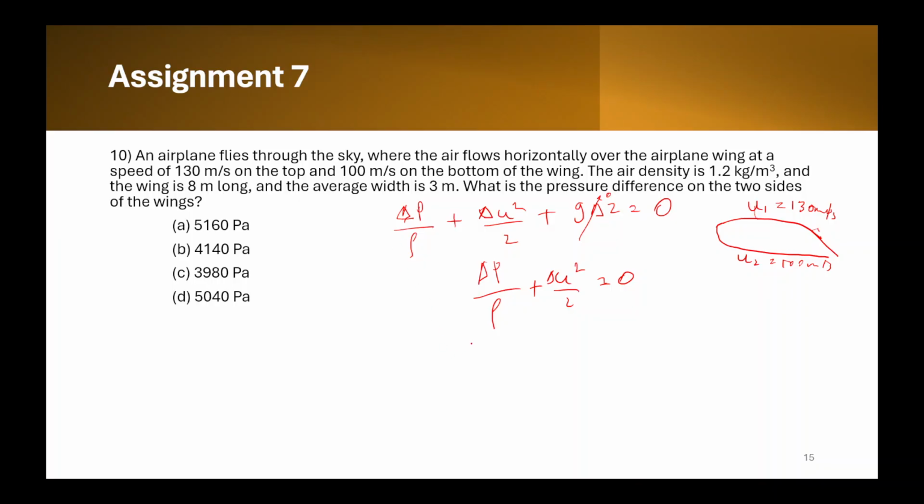So we need to find out basically the delta P, and delta P will be P2 minus P1. So delta P by 1.2, which is the air density, 1.2 kg per meter cube. All in SI units are here, so I'm using the same value.